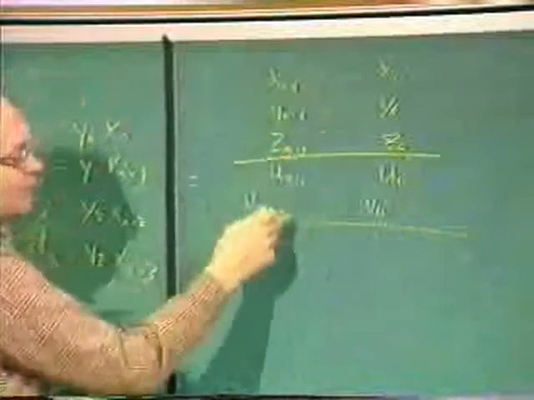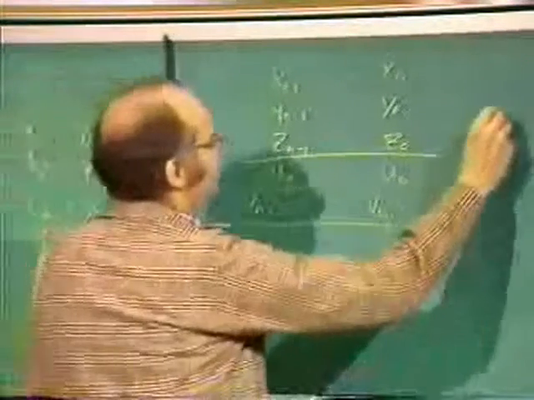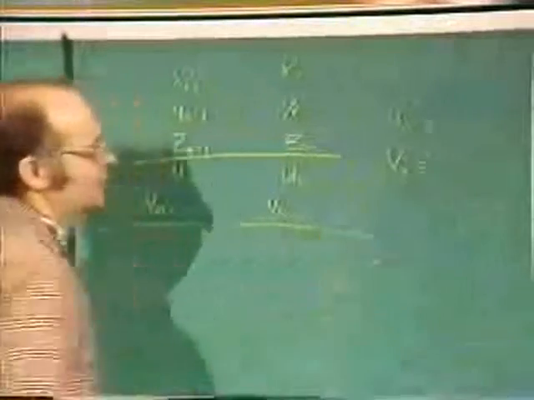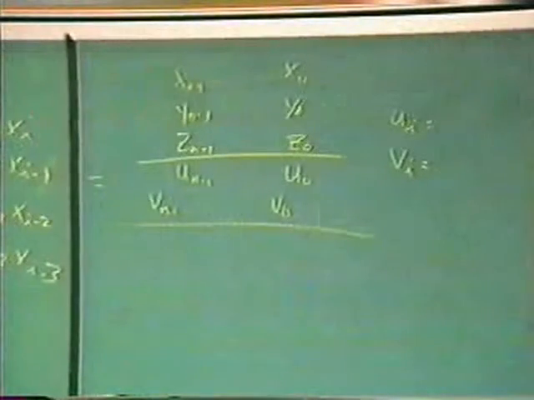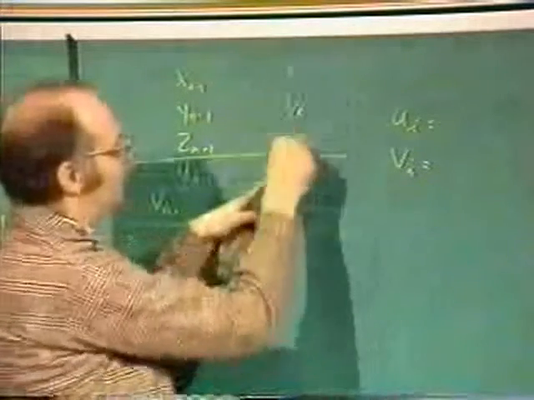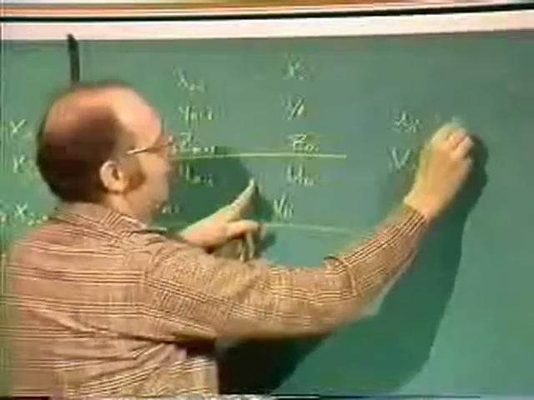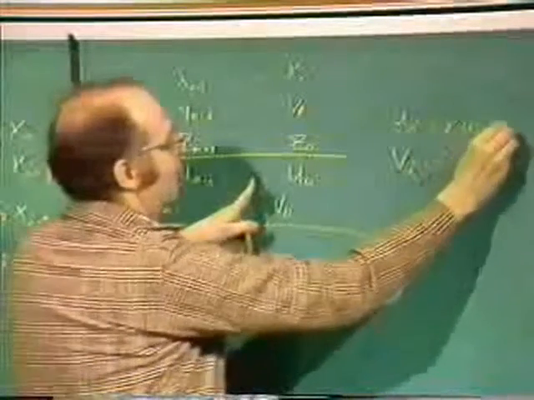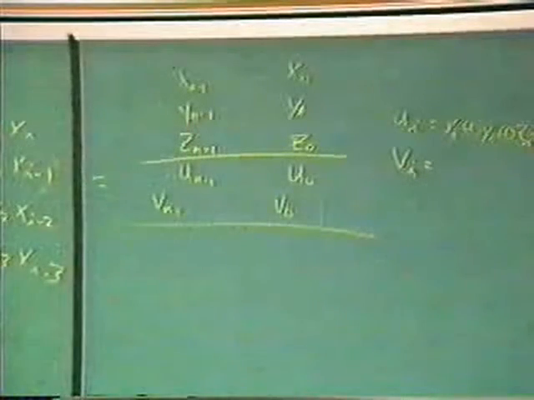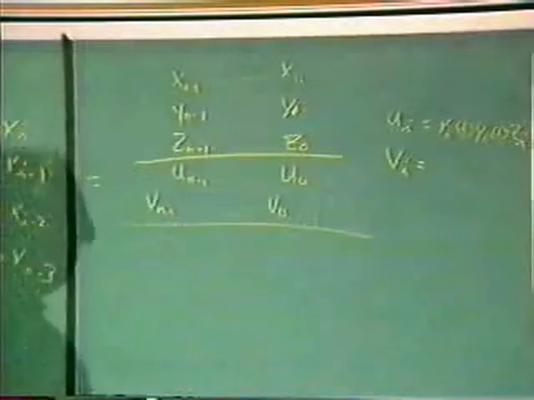So the sum of these three numbers is equal to the sum of those two numbers, where you'd simply say that u sub i equals something and v sub i equals something. And what are the formulas for them? Well, u sub i is the number that you get by throwing away carries, so that's xi exclusive or yi exclusive or zi. And vi is the similar thing, (x plus y plus z) div 2, which is the 2 out of 3 function.